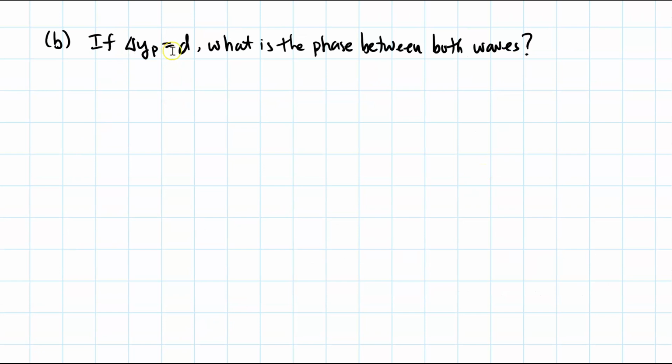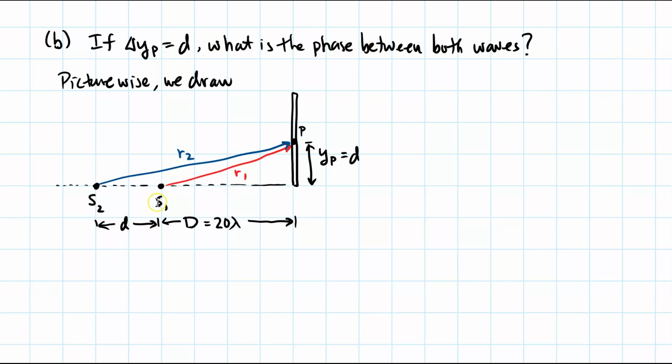If delta yp is equal to little d, what is the phase between both waves? The geometry of the setup here is that S1 is big D away from the screen. S2 is going to be d plus big D, and we could see that all of them have a vertical height of little d. So what I see here is that to get R1, I have to solve for the hypotenuse of this triangle and do the exact same thing for R2.